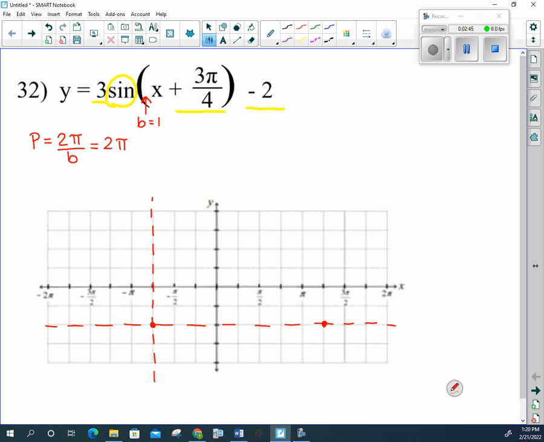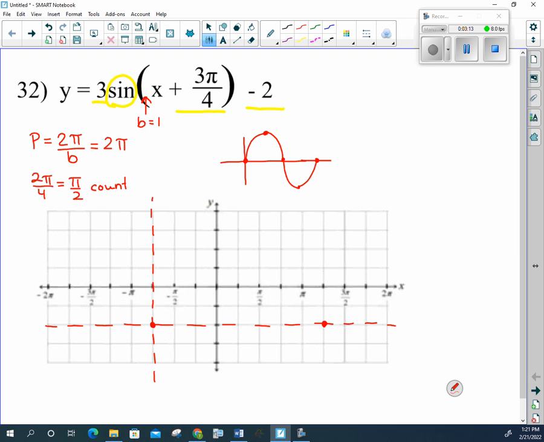Remember, the sine curve starts at the origin. It goes up, which is part 1, comes down, part 2, goes down again, part 3, and then back up again, part 4. That's how I get my 5 key points. So I'm going to take the period and divide it by 4. That'll tell me my count, which is pi over 2. So every pi over 2 spacing, I should put a point.